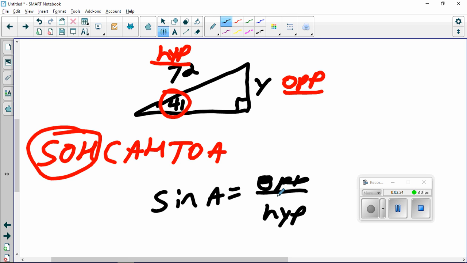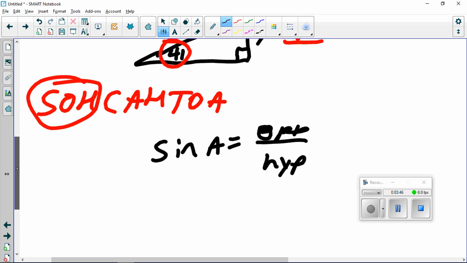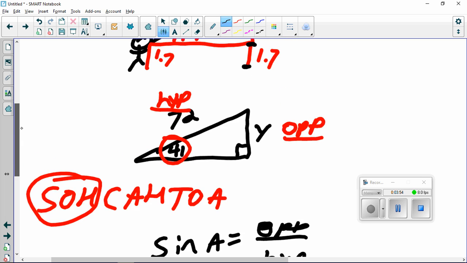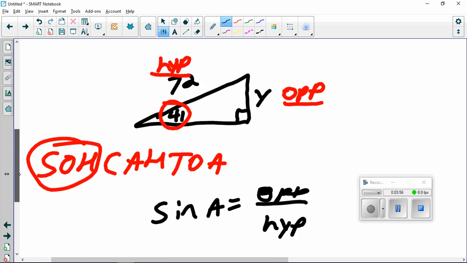And now, looking at the triangle in question, the angle is 41 degrees, the hypotenuse is 72 meters, and the opposite is our unknown side length y. So the sine of 40, was that 42 degrees? 41 degrees, sorry.